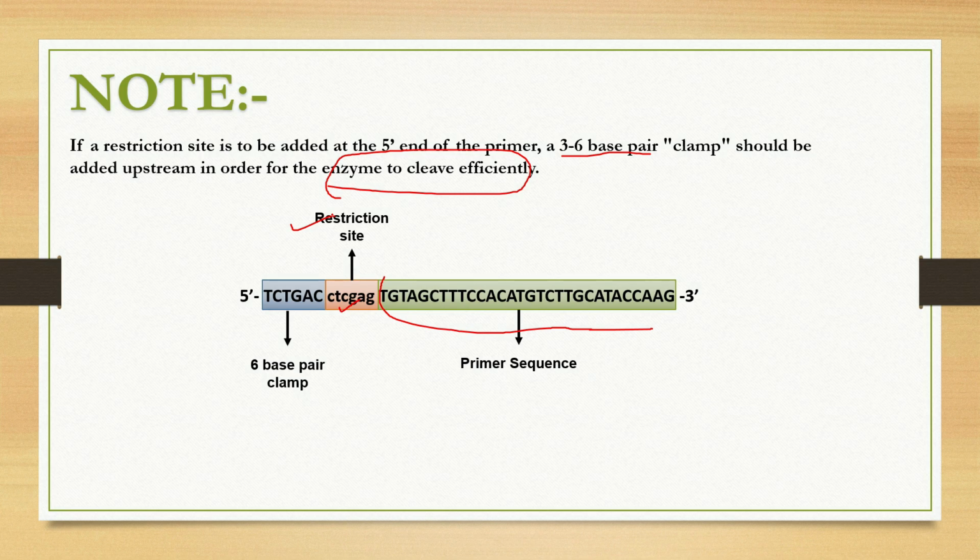So in order to let the enzyme cleave this restriction site efficiently, you have to add a 3 to 6 base pair clamp upstream to the restriction site. So these are the points you need to keep in mind before designing any kind of primer.